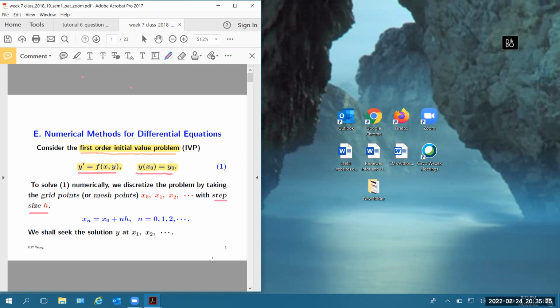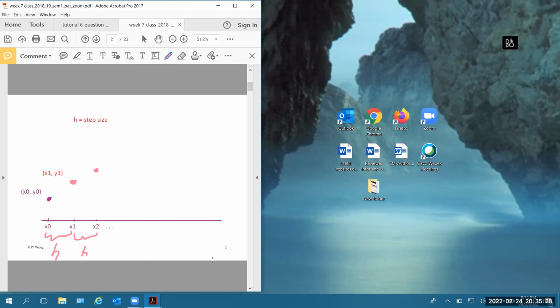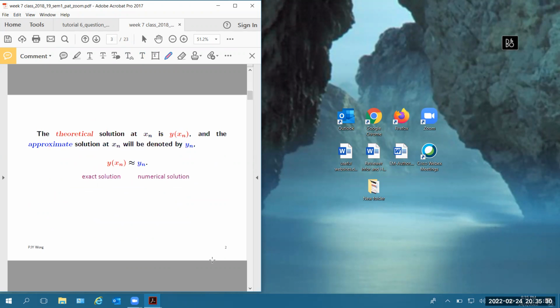Is that all right? Okay, so next we'll go to some notation. We will have these two notations here. The theoretical solution at xn we'll write as y(xn). So this y(xn) is the exact solution.